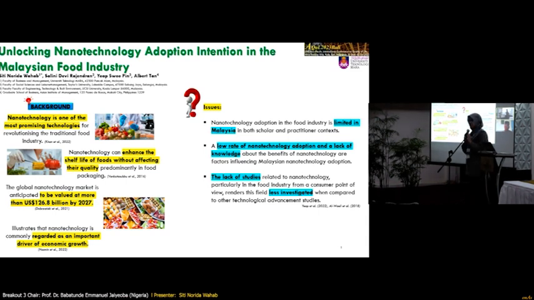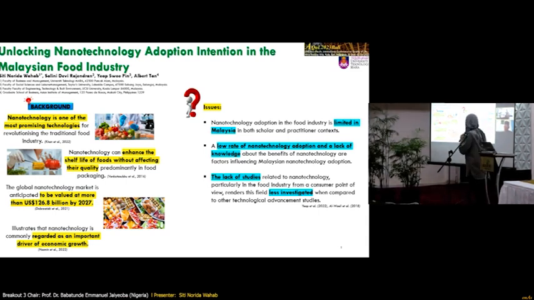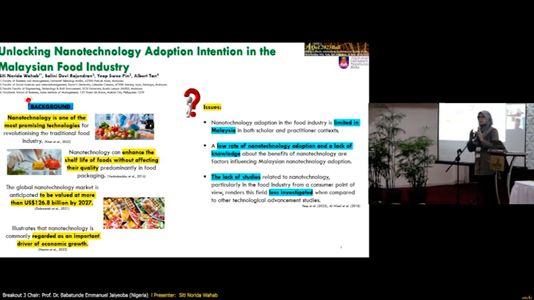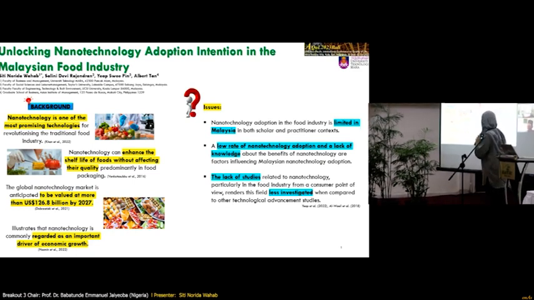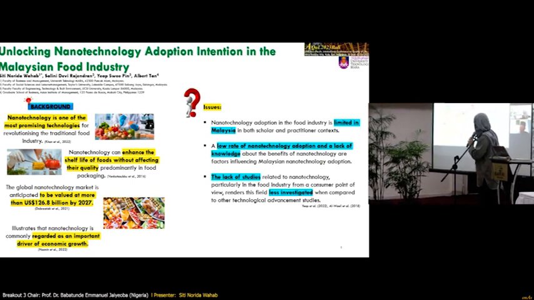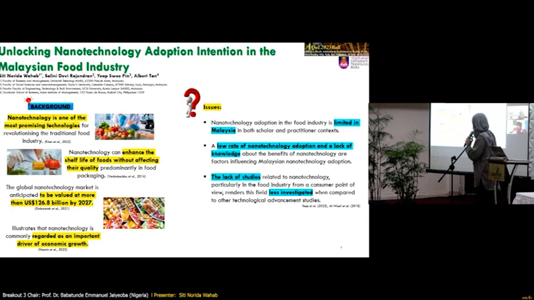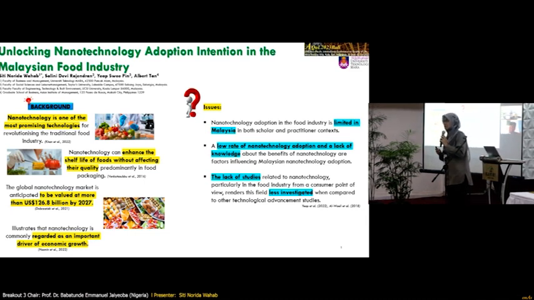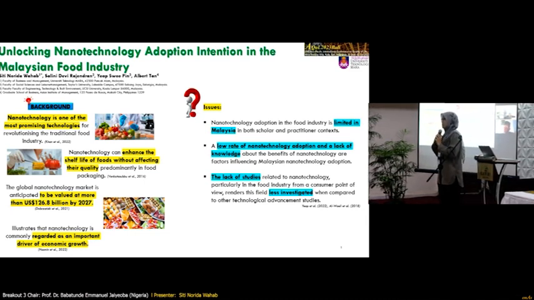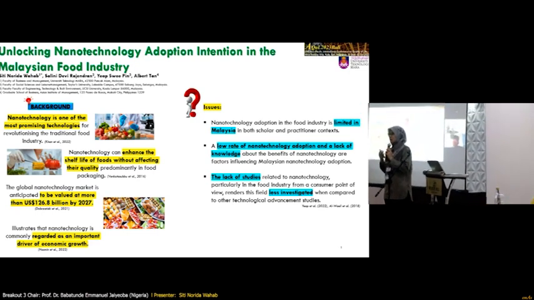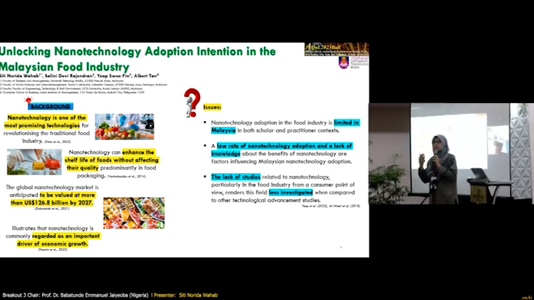However, what is the issue now? The first issue that we identify is that nanotechnology adoption in Malaysia is very limited, both in scholarship as well as in the industry. Number two, a low rate of nanotechnology adoption and lack of knowledge about nanotechnology, because we as laymen do not know how to apply nanotechnology, or where it is being applied.